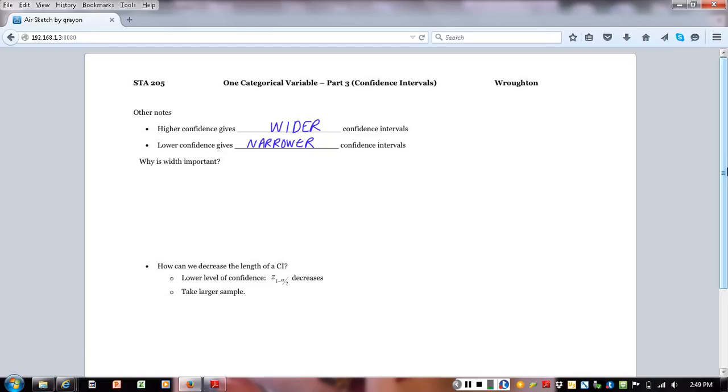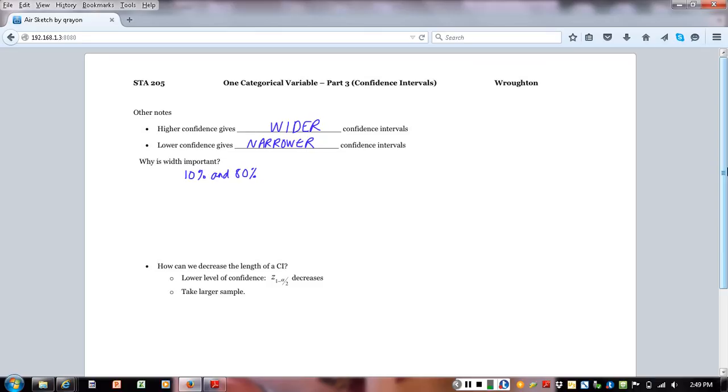So let's suppose you asked me to estimate the percent of females on NKU's campus. So that was your goal. And I could come back with one of two intervals. I could say between 10% and 80% of NKU people are female.